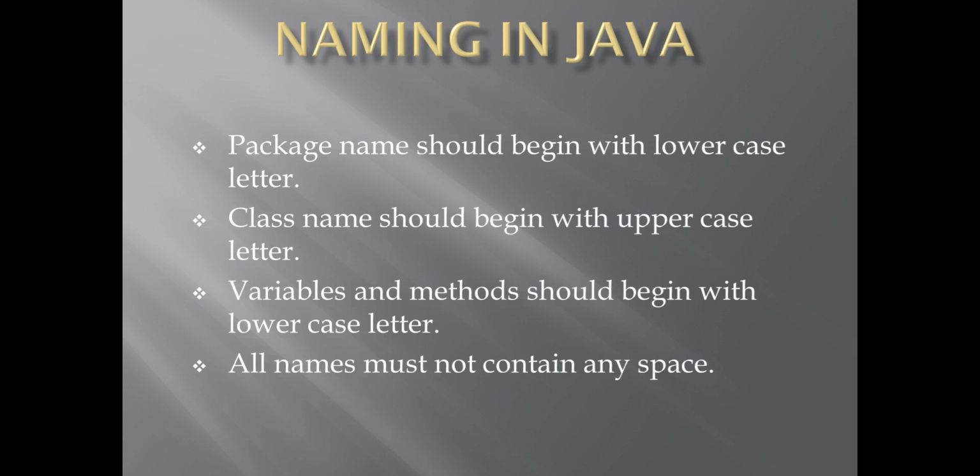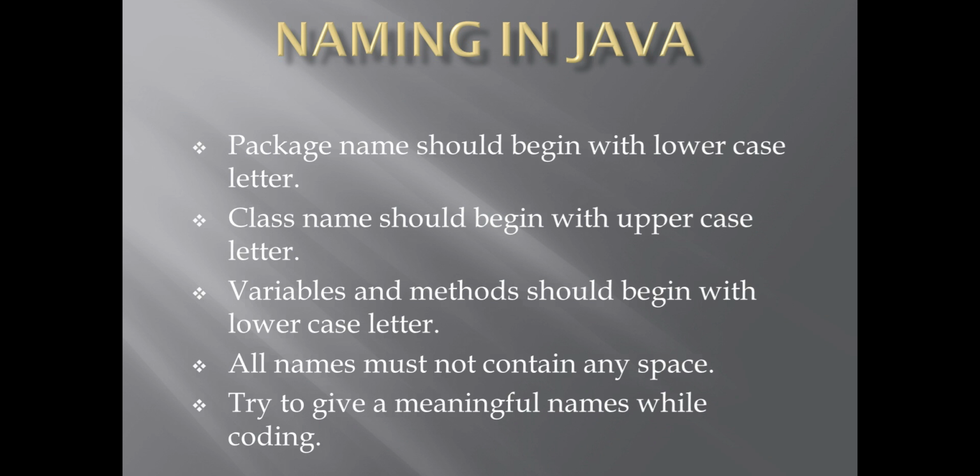One thing also you should know, all names must not contain any space. Don't put any space inside names. Try to give meaningful names while coding, so it will make it easy for you to understand the code while reading it.